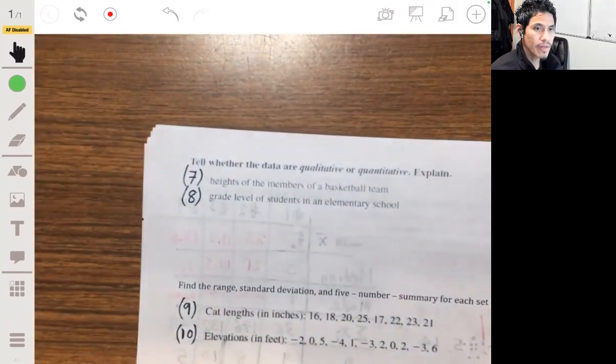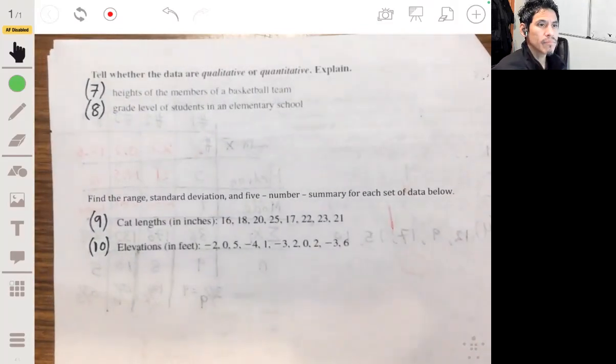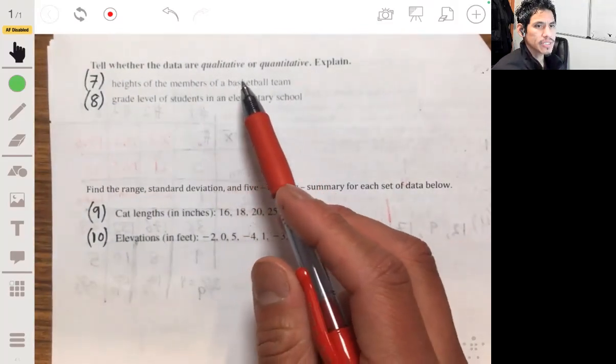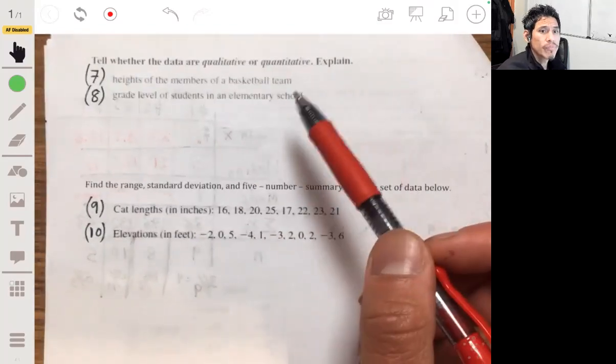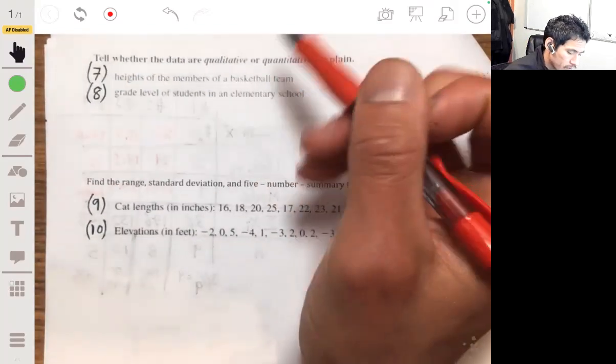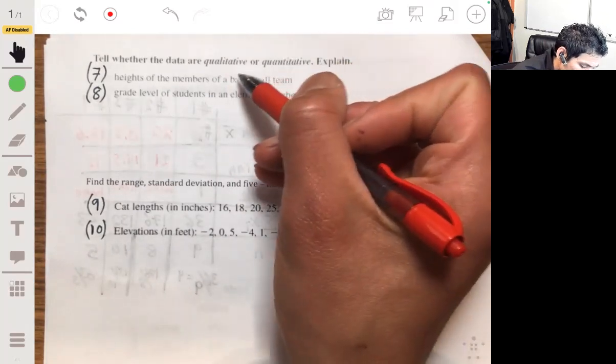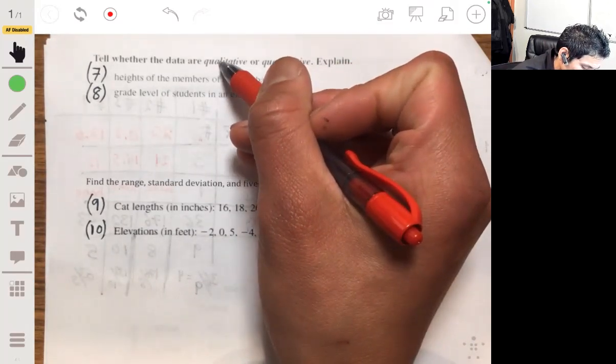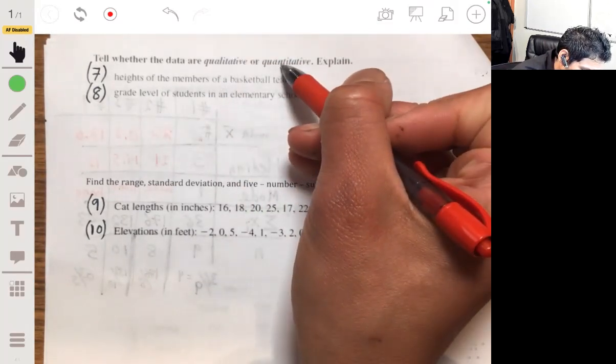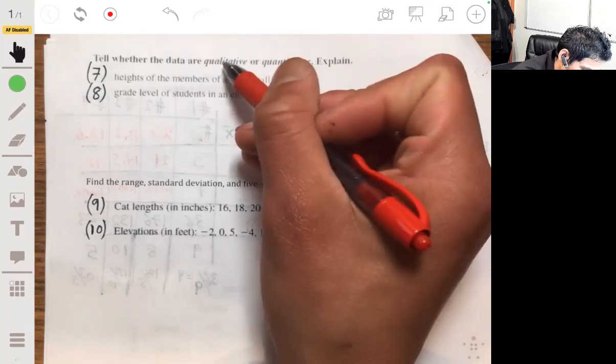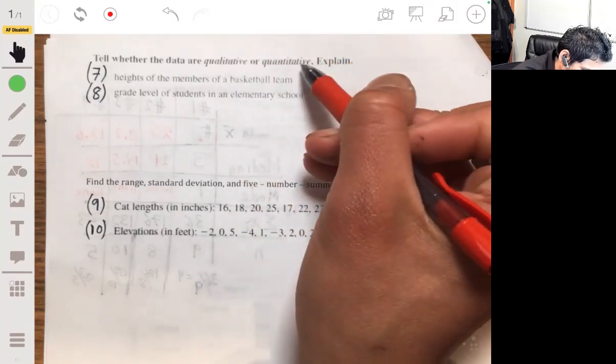All right, next page, we've got to tell whether the data are qualitative or quantitative. So what does that mean? These words sound the same, but one has an L, and one has an N, almost the same, right?